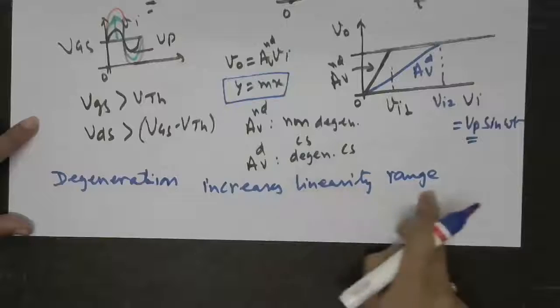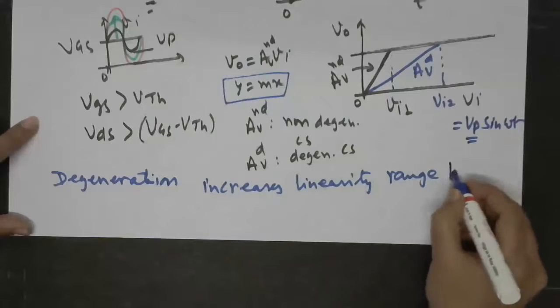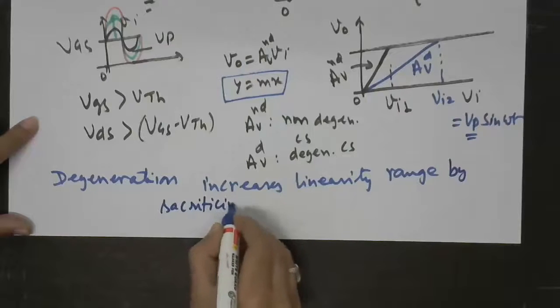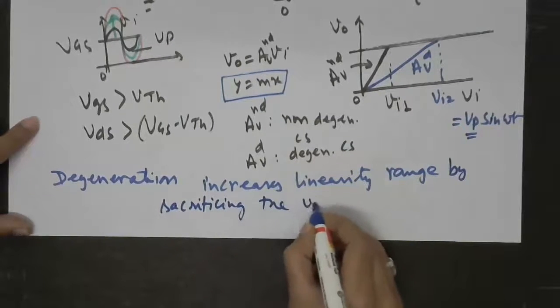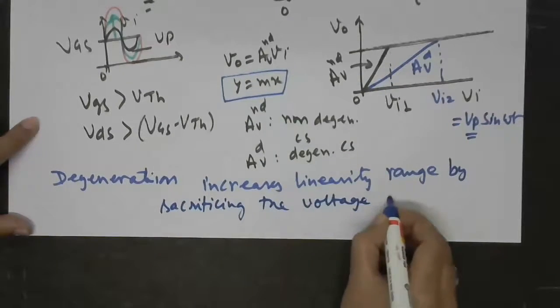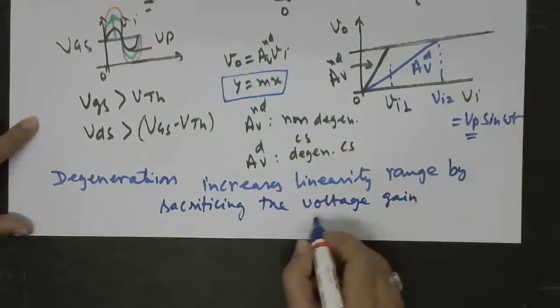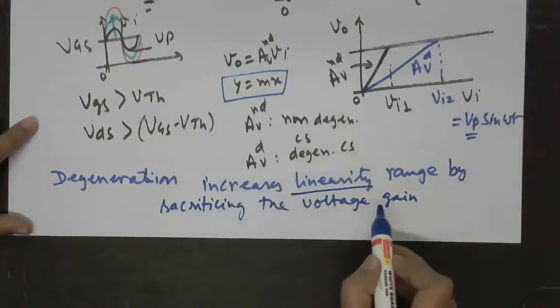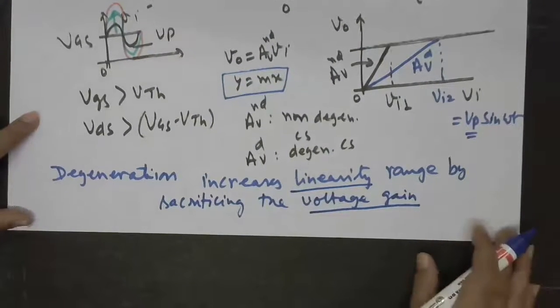So we increase the linearity range by sacrificing the gain, voltage gain, right? Or we trade off linearity with the voltage gain.